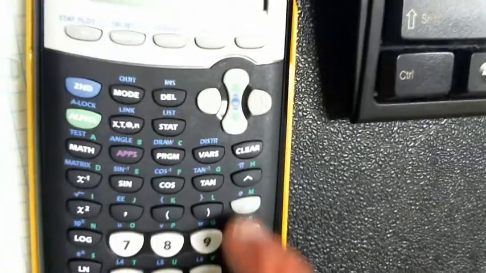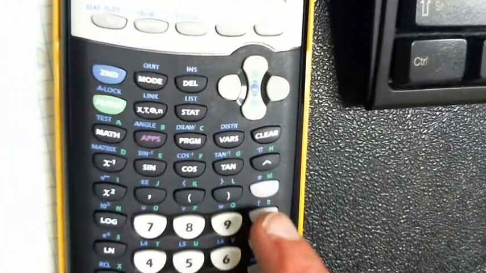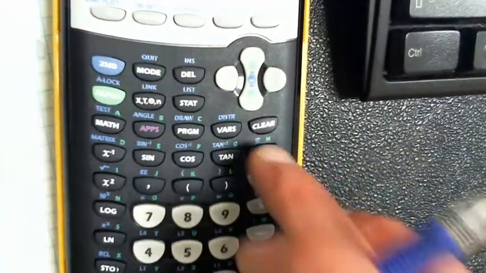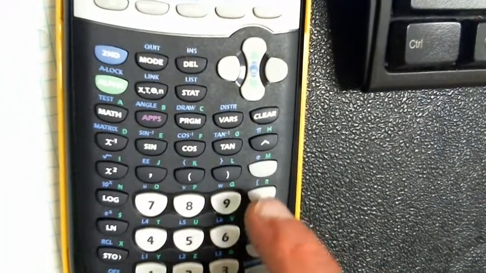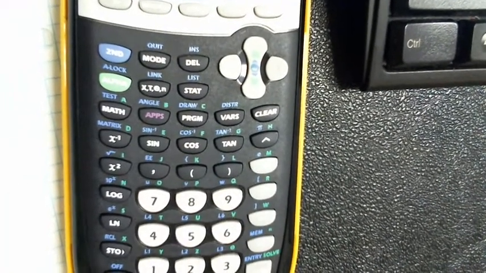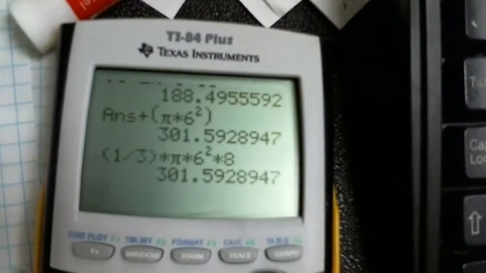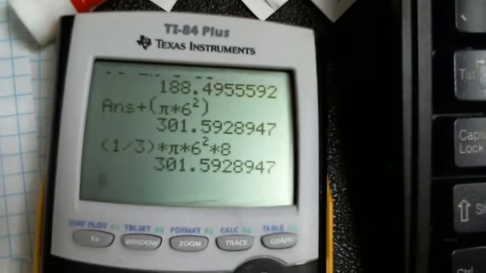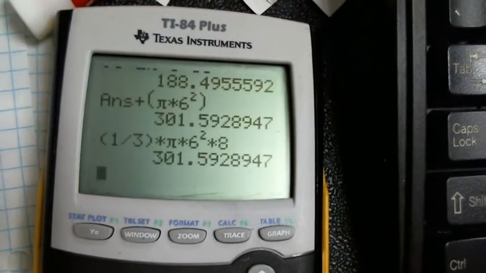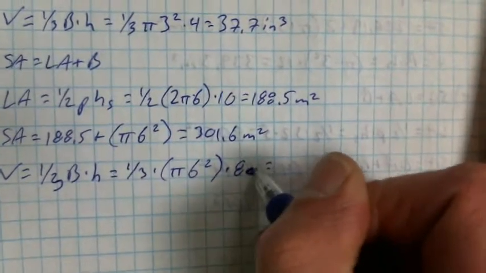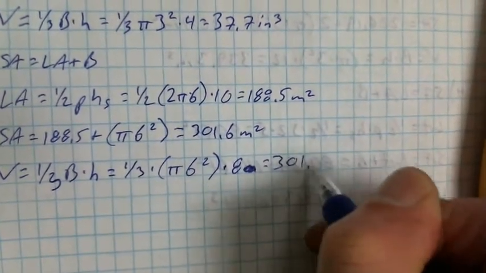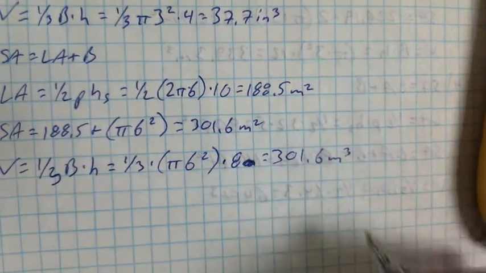That's 1/3 times pi r squared times 8, one-third base times height. That's 301.6. We're in volume, so that's cubic meters.